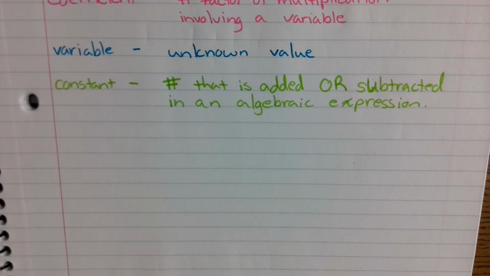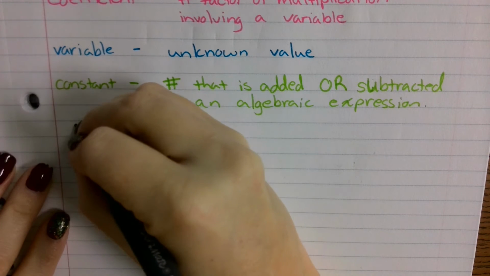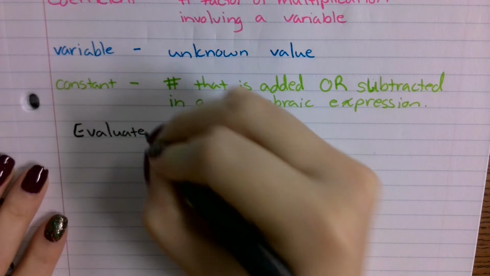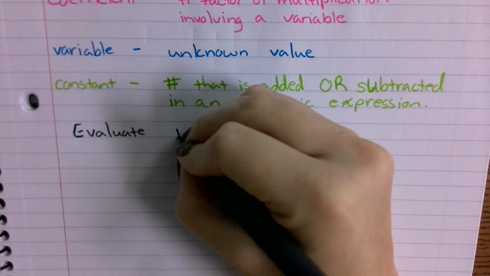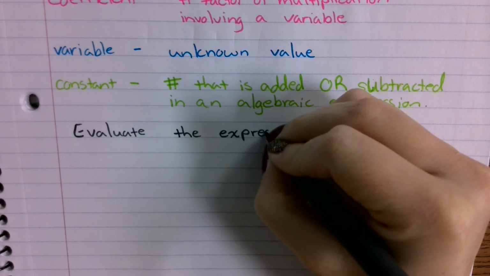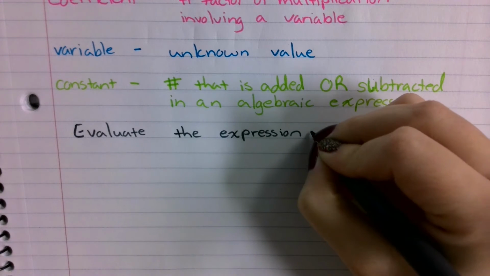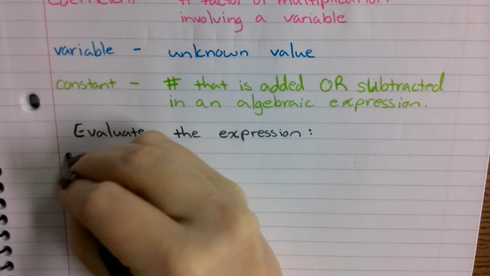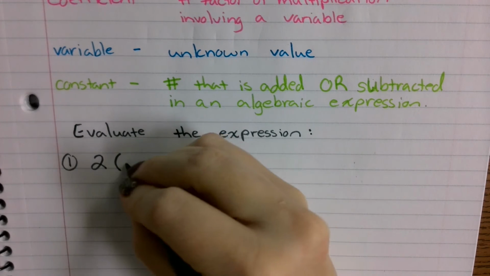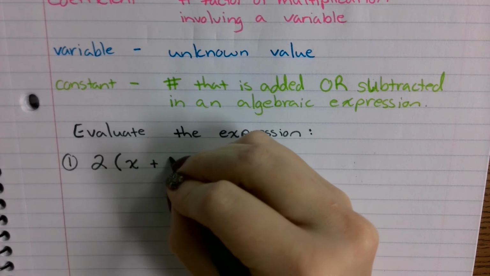Okay. Let's talk about evaluating these terms. So if I want you to evaluate an expression, that means I want you to substitute a value in for your variables. So let's say that we have the problem 2 and then parentheses x plus 3.